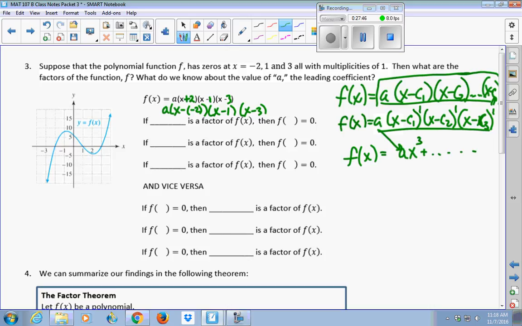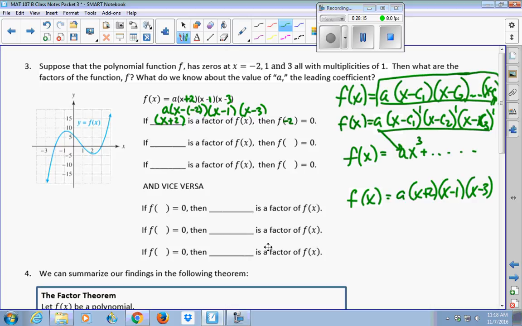Right? So if x plus 2 is a factor, then f of what equals 0? A times x plus 2 times x minus 1 times x minus 3. If x plus 2 is a factor, and I set that factor equal to 0, then f of what number is 0? -2, right?